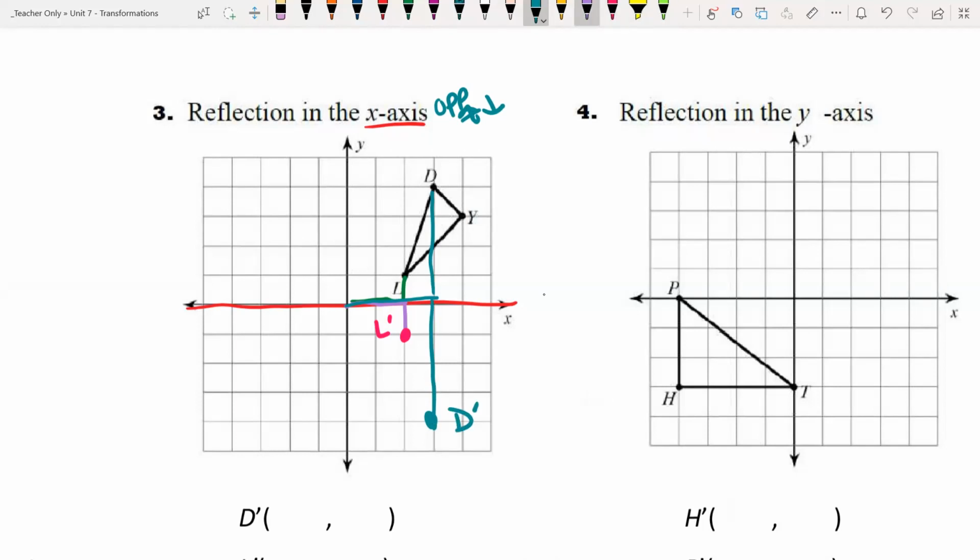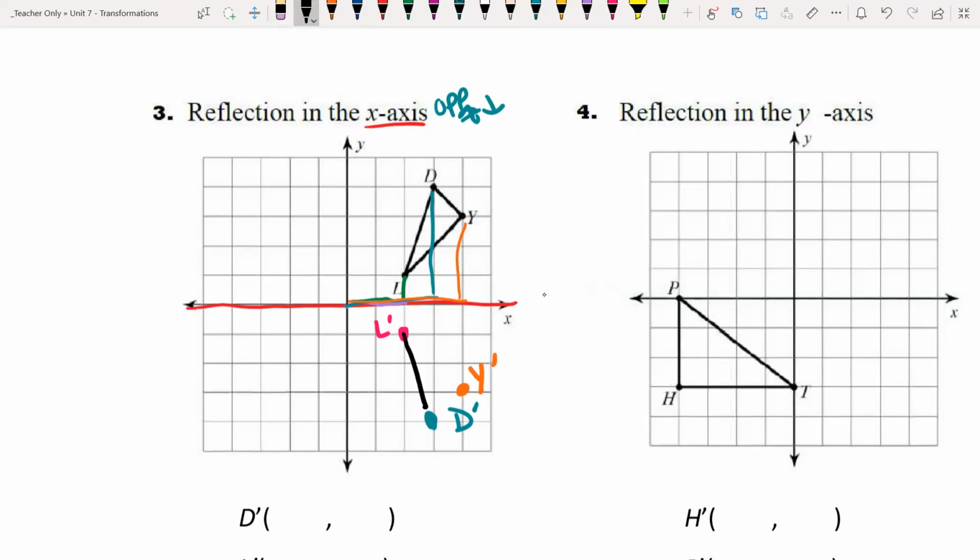And then we have one more. We've got to do Y. So we went over 4, up 3. So we're still going to go over 4, but now we're going to go down 3. And that's my Y apostrophe. So now I'm going to clean this up a little bit and connect all my points. So I got L, which I erased. L is here. Oh, that's way too thick.